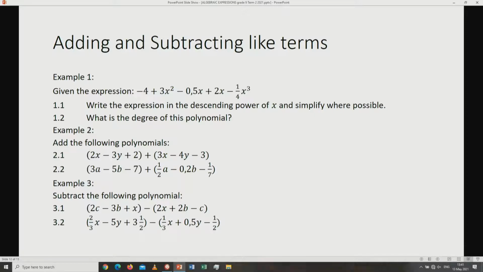The first fraction is 2 over 3x minus 5y plus 3.5. We are going to subtract 1 over 3x plus 0.5y minus half. All right?